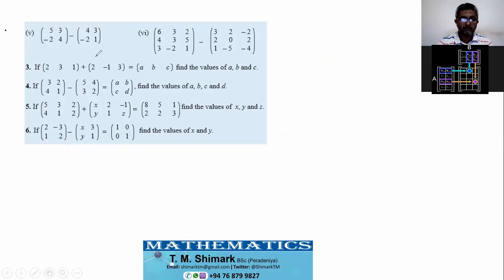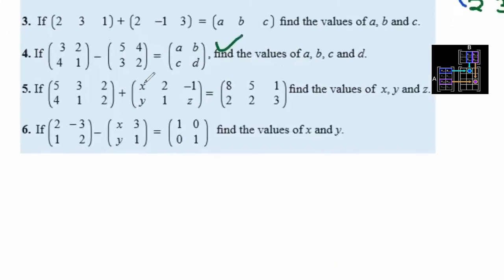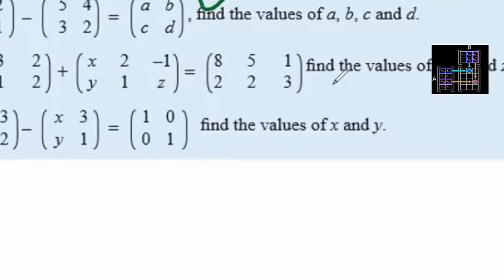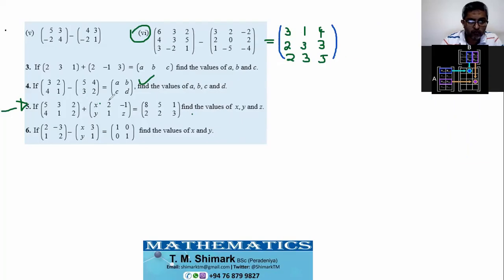Right, now we have this one. Okay, can we try the sixth question? Can you find x and z here? X, y, z you need to find out. X equals 3, z equals 1, right? Okay.